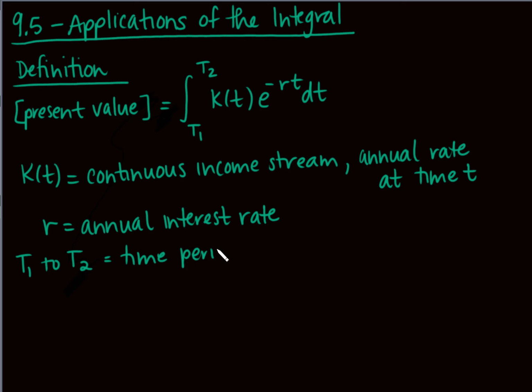And remember where this all comes from. In Business Calculus 1, we talked about the famous PERT equation, right? If I have an amount of money P invested at an interest rate of r over a time period T, and I'm compounding that interest continuously, this is the amount of money A that I would have after that time period.